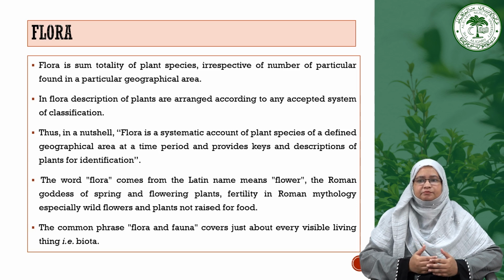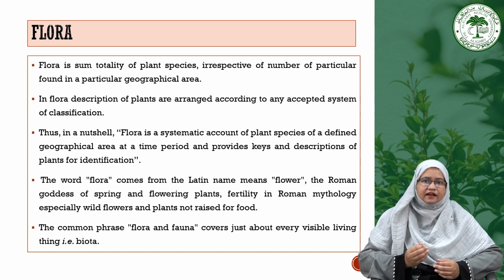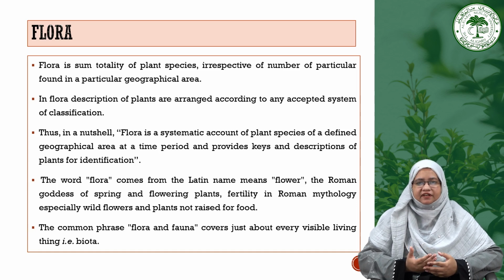In India, mostly all the herbarium institutes and universities maintain their herbaria or floras according to the Bentham and Hooker system of classification, because it is one of the most natural systems of classification and predicts very accurately the position of particular plants according to morphology. So we can choose any other system of classification, but in India the most popular is the Bentham and Hooker system of classification.